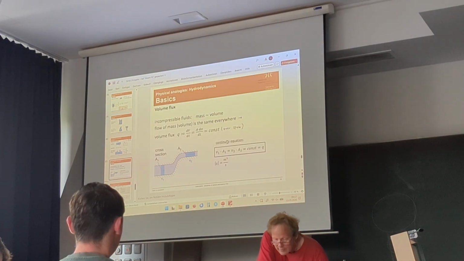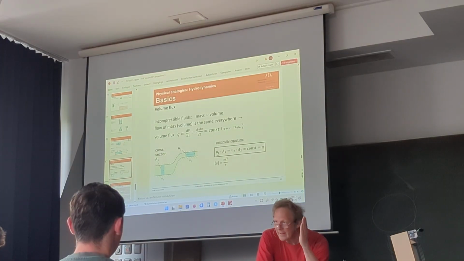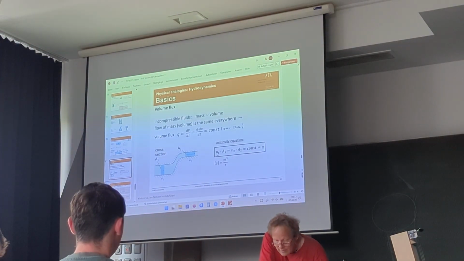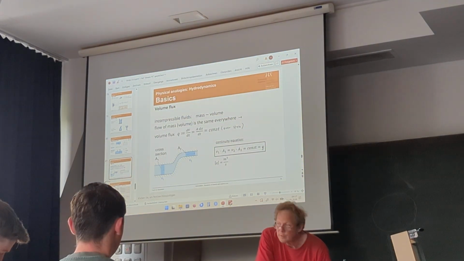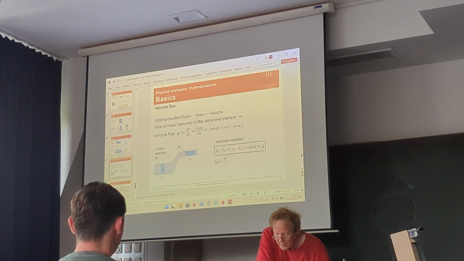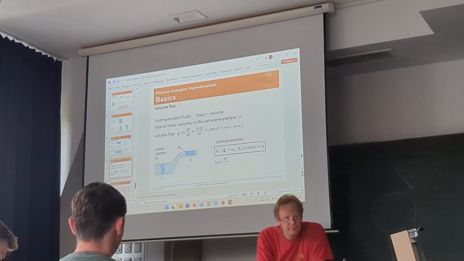So we have a continuity equation at any place. Velocity times cross section is the same, and this is also what we define as the volume flux, because it's not just a derivative of volume with time. We can also calculate this as velocity times cross section area.